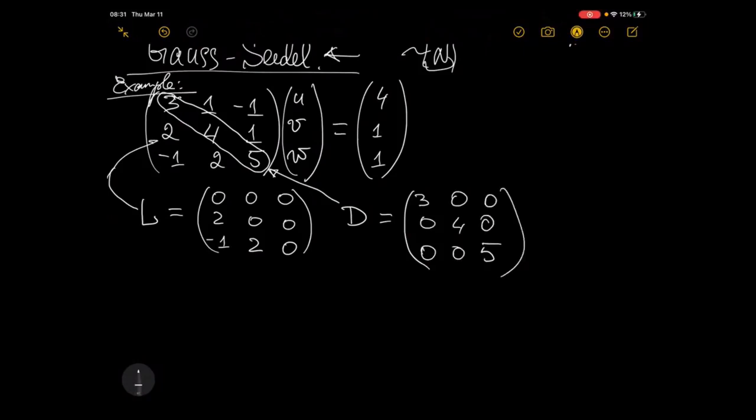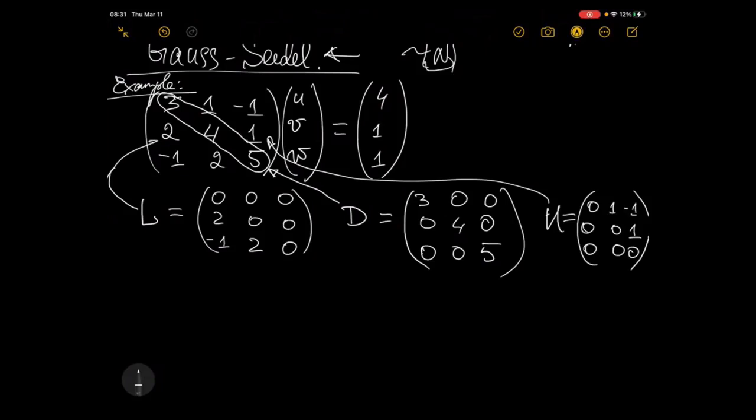Okay, what will be the upper part of the matrix? All zeros except 1, -1, 1. So you can see that A can be obtained as L plus D plus U, because you just add corresponding elements and you will get back your original matrix A.